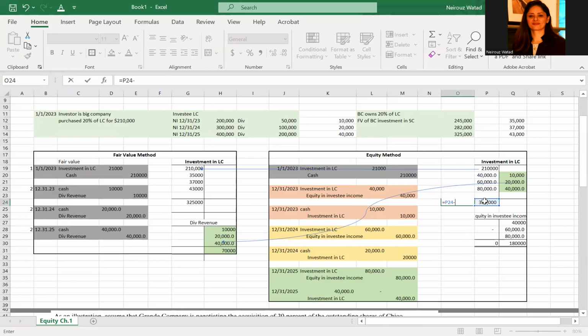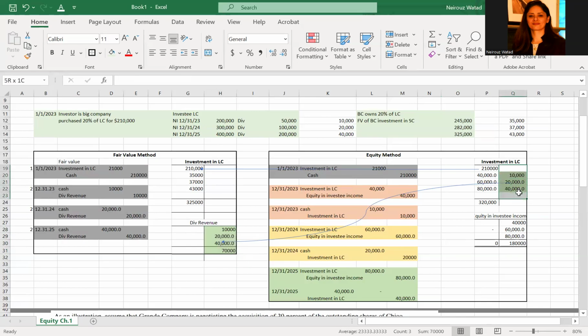Perfect. So that is the difference between the fair value method and the equity method. Notice that in the fair value method, the dividends were considered dividend revenue. In the equity method, the dividends reduce my investment.